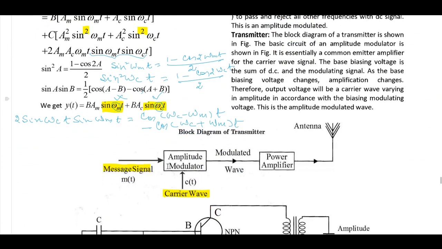All these 3 have been shown in this one block. And from here I got an amplitude modulator which is made up of the above 3 circuits. The output of this is the modulated wave. This is given to a power amplifier, which increases its power, and then it is transmitted through the antenna.